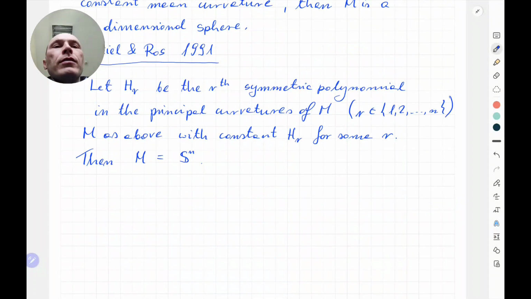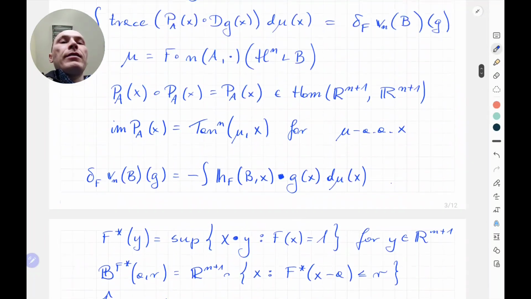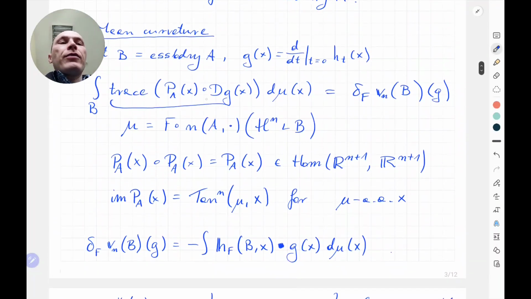Having a smooth manifold, you can define not only classical principal curvatures but also the principal F curvatures. So here you have a trace of something, right, and you expect H_F to be the trace of some, might be not symmetric, but maybe some bilinear form. You can actually prove that in case F is not Euclidean, something non-Euclidean, and M is smooth, at least C^2, then you can derive a formula for H_F, and it will actually be the trace of a bilinear form.